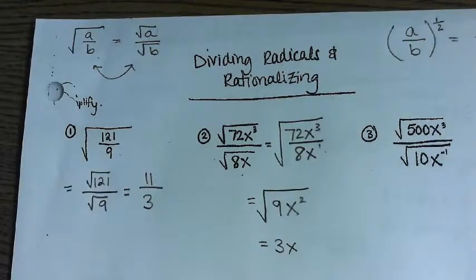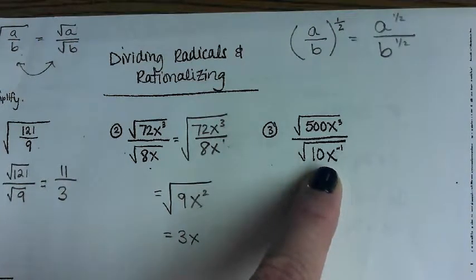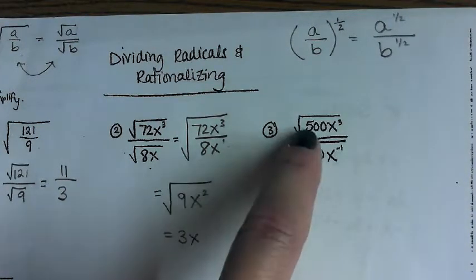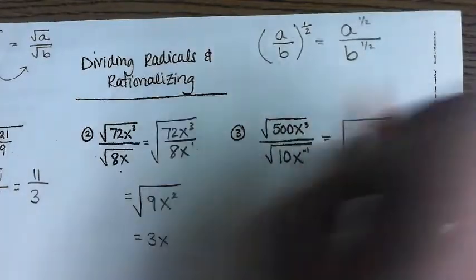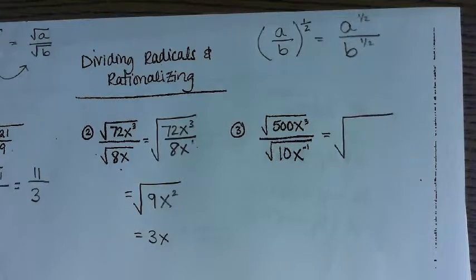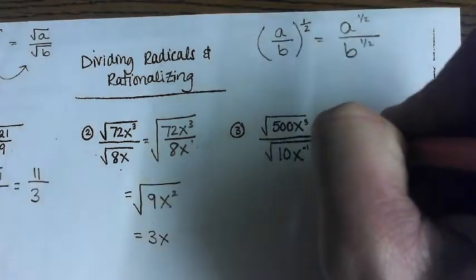You want to look at that first to see if either of those can be used to your advantage. Do you think it would be helpful to condense this into a single fraction under one radical? Yeah, because I see 500 will divide by 10. So, you know what, you can do this all at once. You don't have to split it up. I can write my single radical, and I can do what's 500 divided by 10? 50.